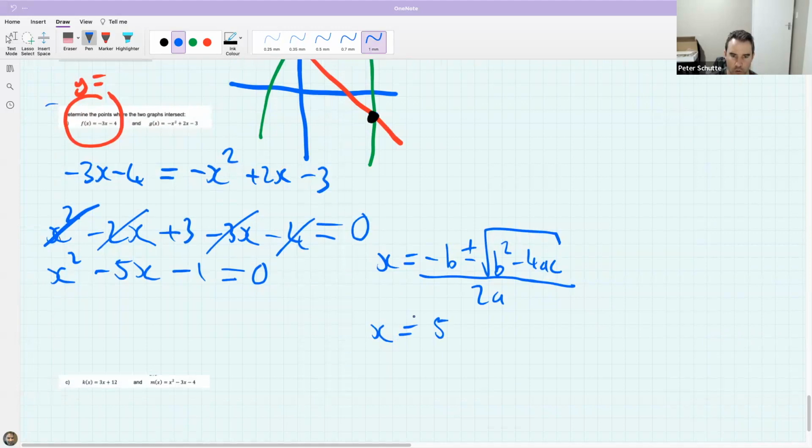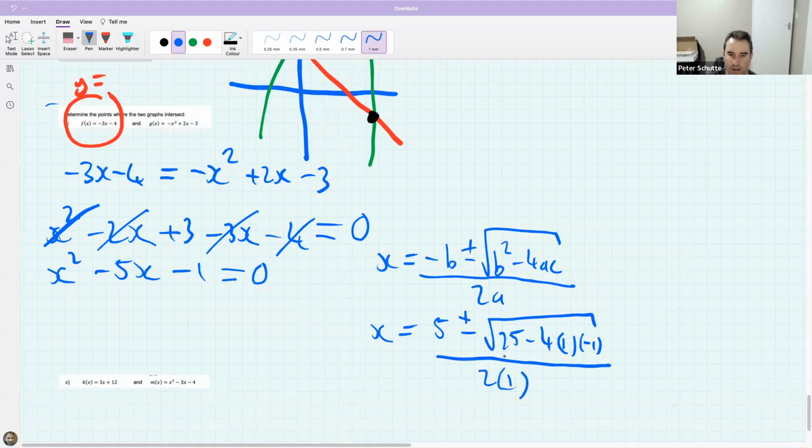You have to get good at using the formula. It's one of those important skills that you just have to practice. So b squared minus 4 times 1 times minus 4, that's 4ac, and then over 2 times 1. So what are we getting for my x values?